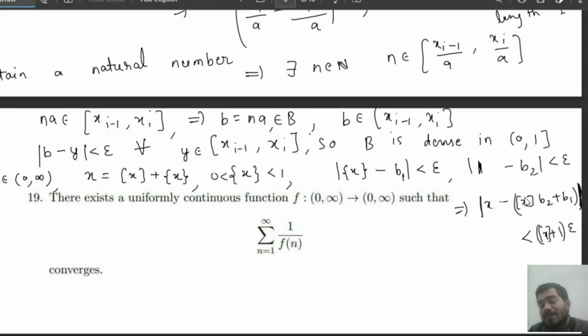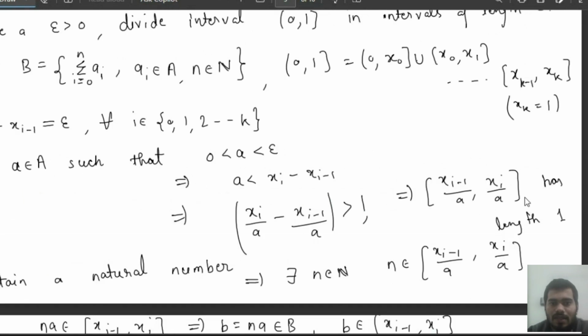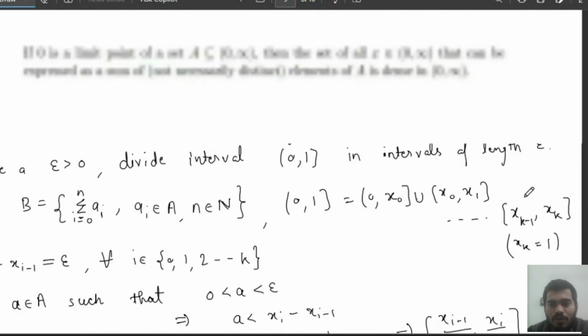And since epsilon is arbitrary and this element belongs to b, this set b is dense in 0 to infinity.